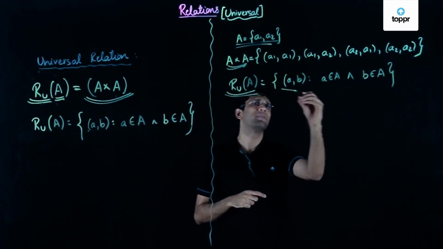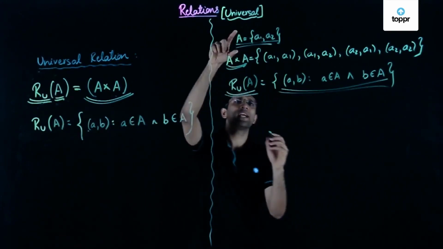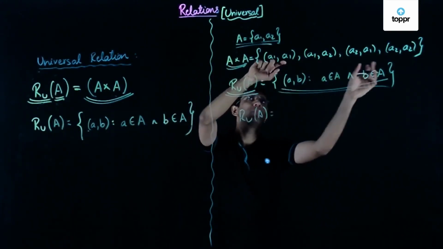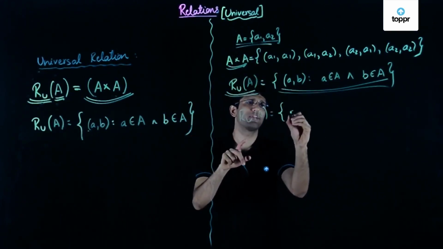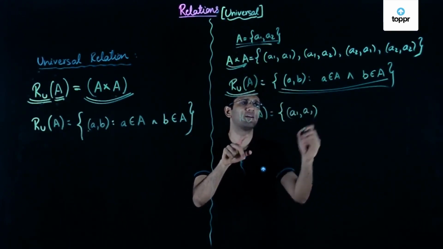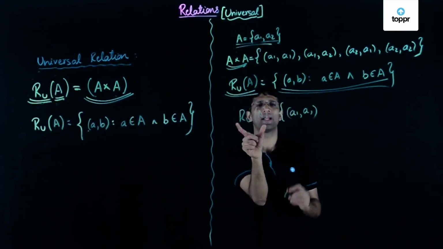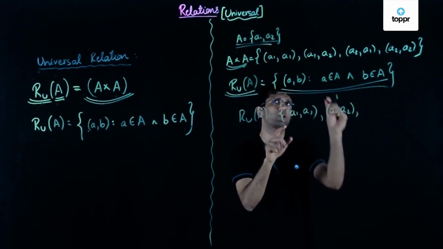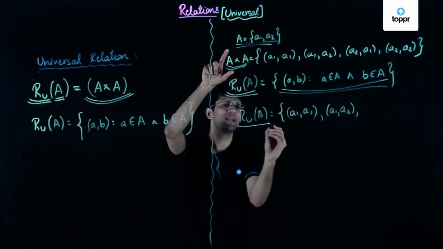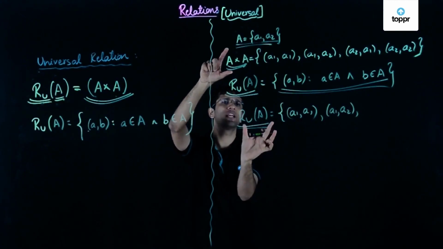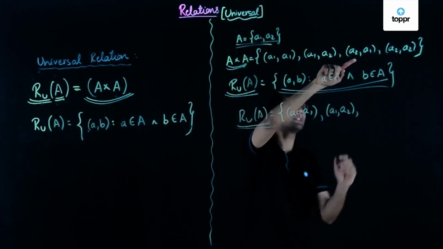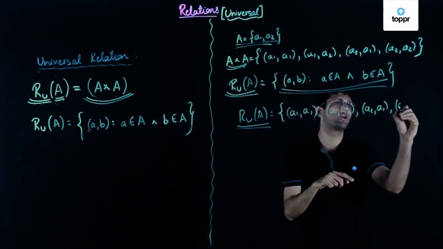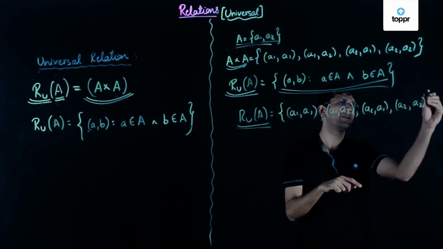Universal relation on this set A therefore consists of all these ordered pairs in the Cartesian product. We can write (A1, A1) as an element of this universal relation. Likewise, we can write (A1, A2) because it is there in A cross A, so it will be in this relation as well. The next term is (A2, A1), which will be included as well, and finally the last element is the ordered pair (A2, A2).